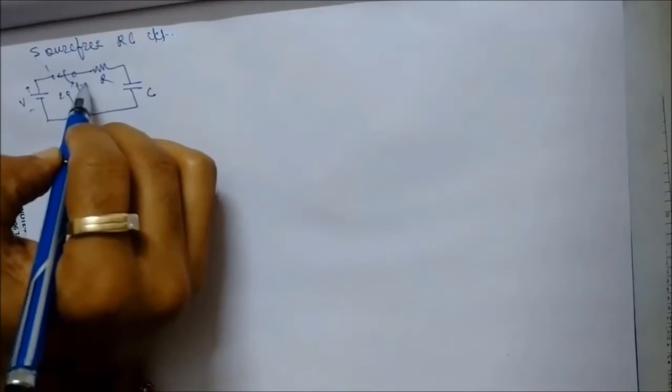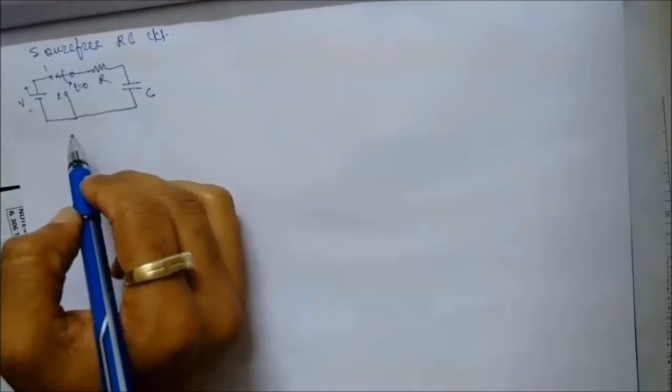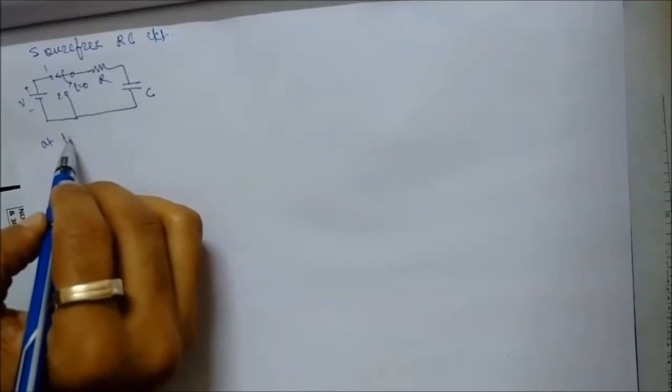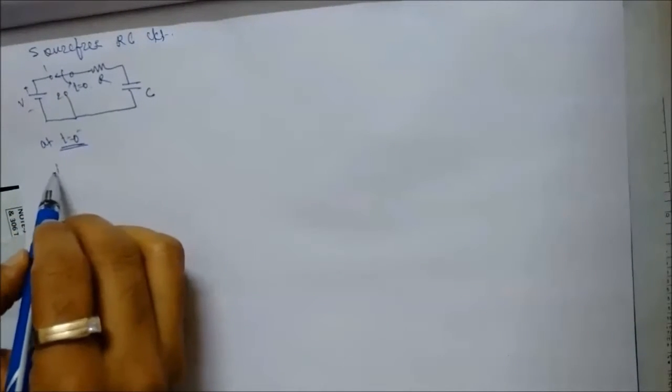Let's say at t equal to 0, switch is moved from position 1 to 2. Now at t equal to 0 minus, we will redraw the circuit.